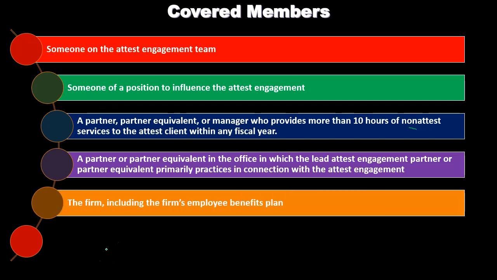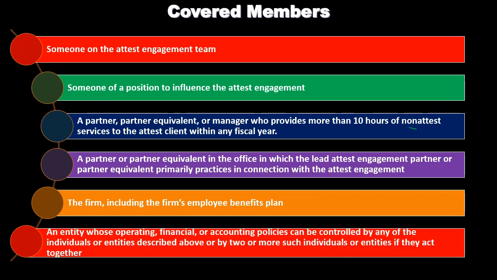The firm itself, including the firm's employee benefit plan. And finally, an entity whose operating, financial, and accounting policies can be controlled by any of the individuals or entities described above, or by two or more such individuals or entities if they act together.